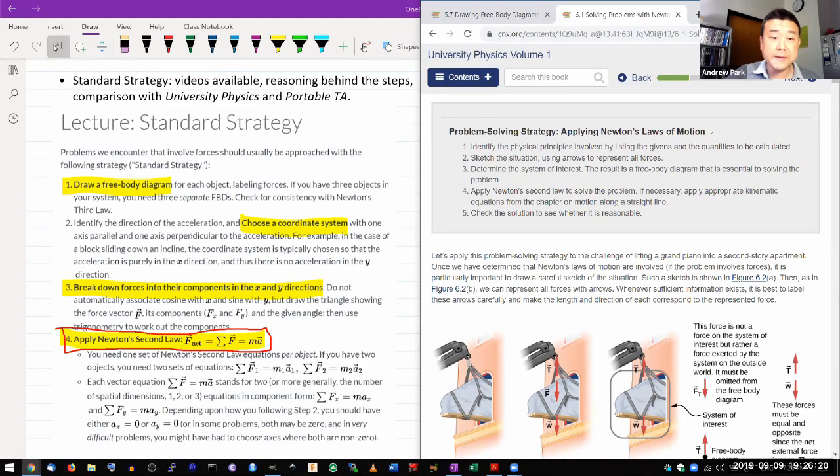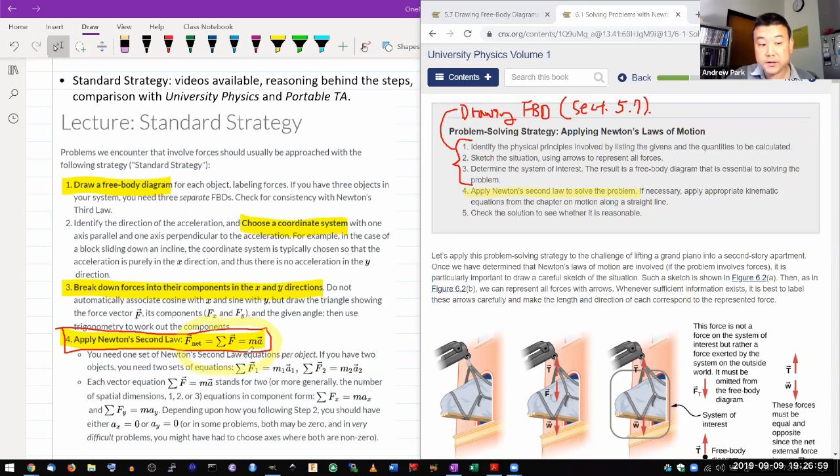Some of the steps that they are laying out here are a bit duplicative, because these first 3 steps are drawing a free body diagram, as they already covered in section 5.7. So really the only new thing that they are introducing here is, apply Newton's second law to solve the problem. And our application of Newton's second law is writing down this equation.